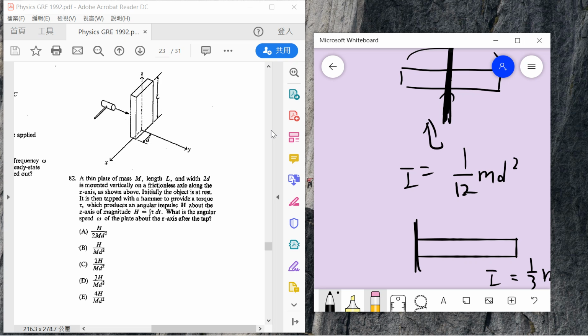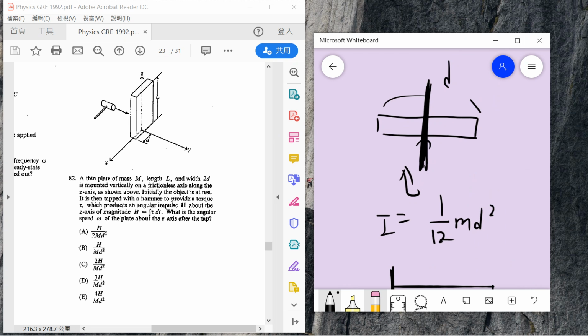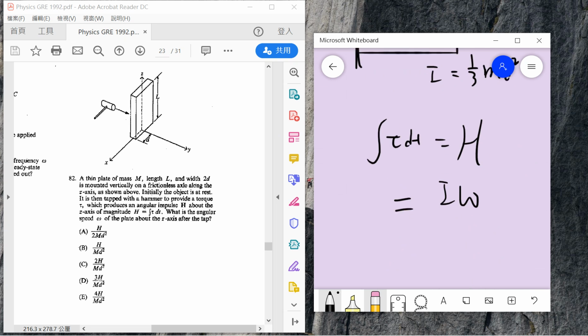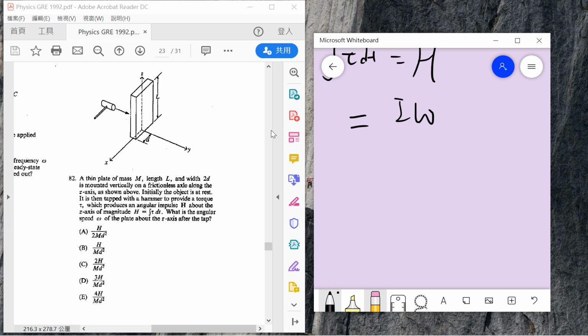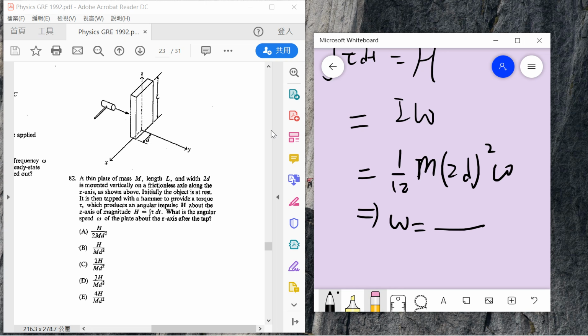So we have 1 over 12, but remember now the D becomes 2D. So it's m times (2D) squared times omega. Okay, so we can solve omega basically is 3H over m d squared.